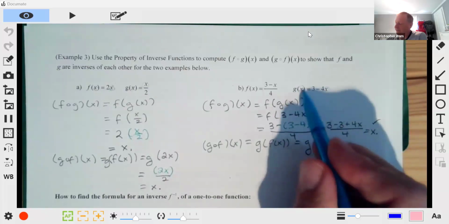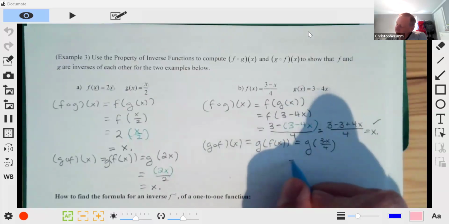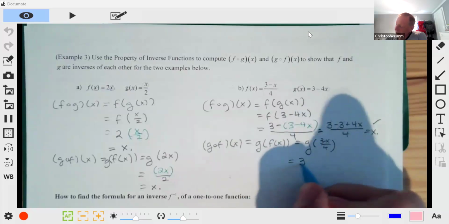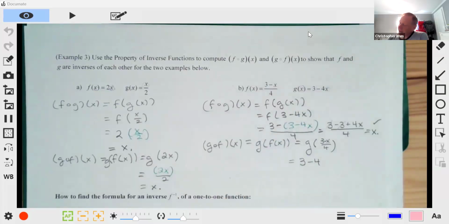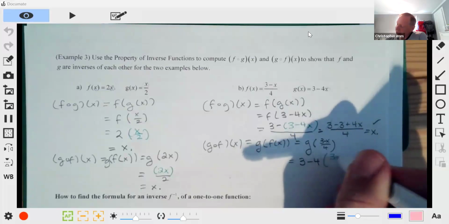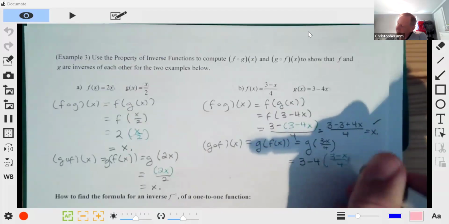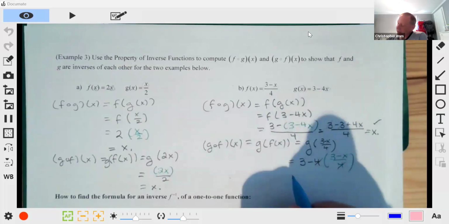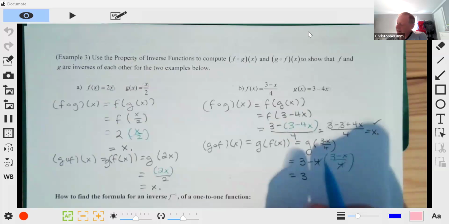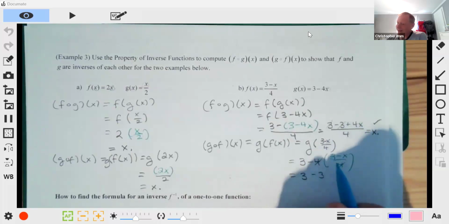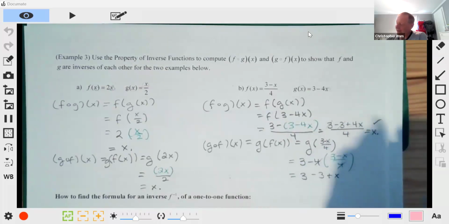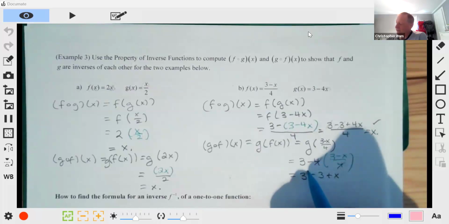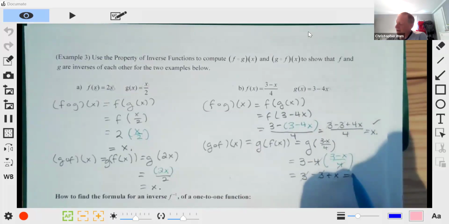So that's what I plug in for my input. I'll get 3 minus 4 times 3 minus x over 4. The 4's will cancel. And I'll get 3, distribute the negative, minus 3, minus a minus x is plus x, which would give me 3 minus 3 plus x.